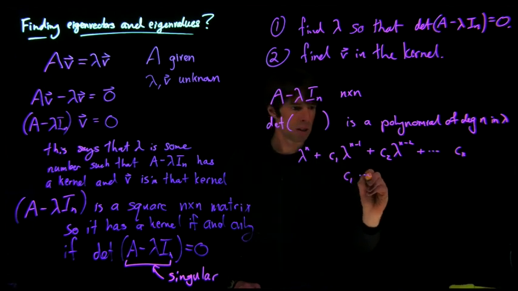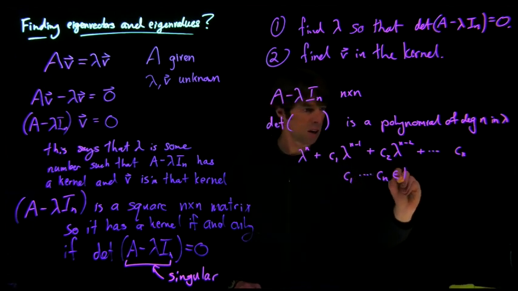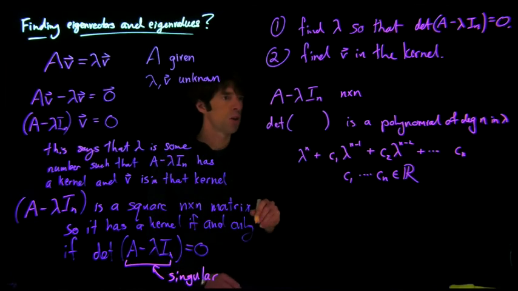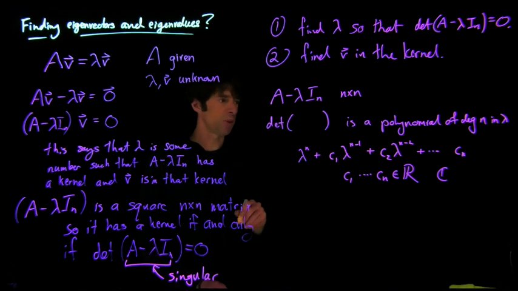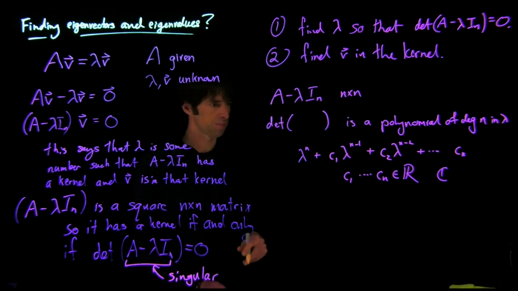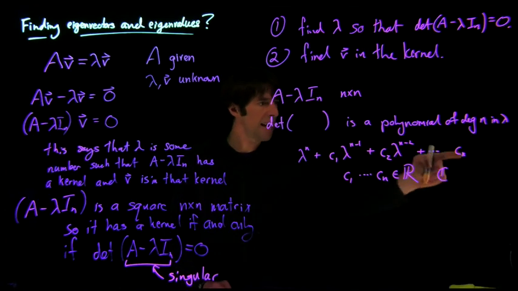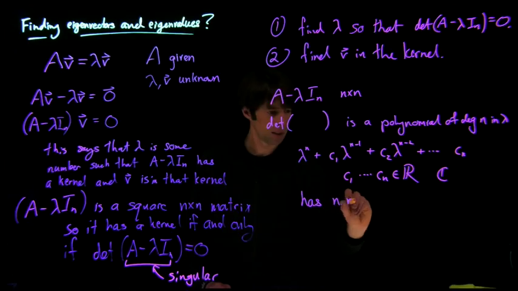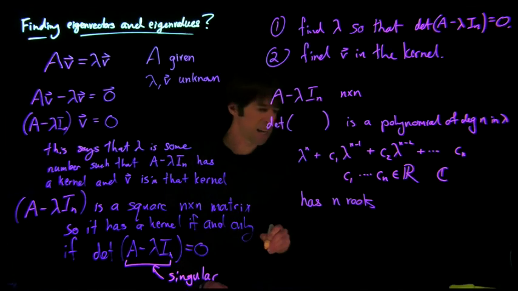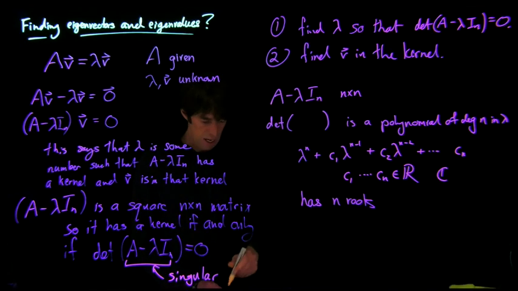These c1 up to cn are a bunch of real numbers if we're dealing with a real matrix, or maybe they're complex numbers if we're dealing with a complex matrix. This is a degree n polynomial, so it has n complex roots. Some of those roots might be repeated.